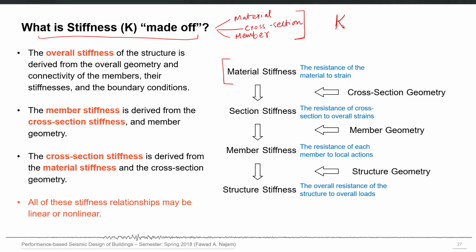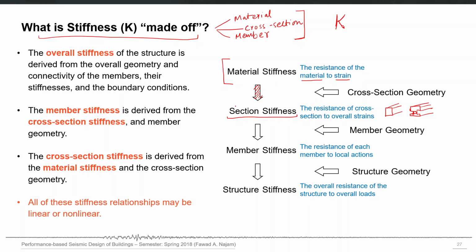That is defined as the resistance of the material itself to any strain. And that material stiffness manifests itself into what we call the cross-section stiffness, this one. That is defined as the resistance of a cross section, for example a rectangular cross section of a member or any cross-section shape, to overall strains.